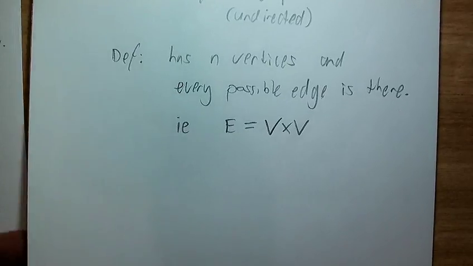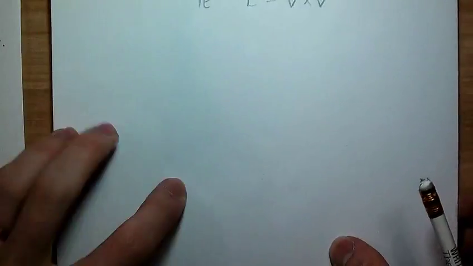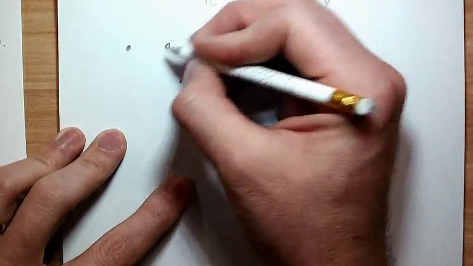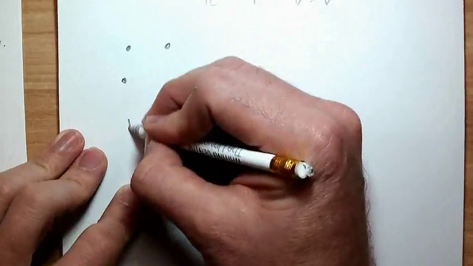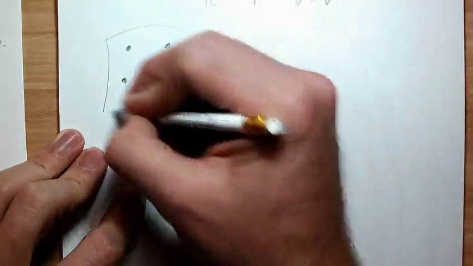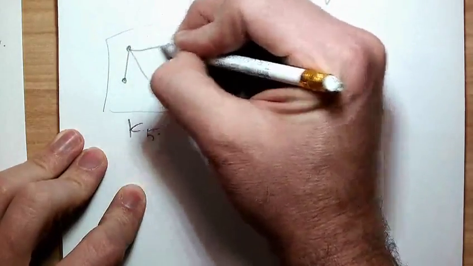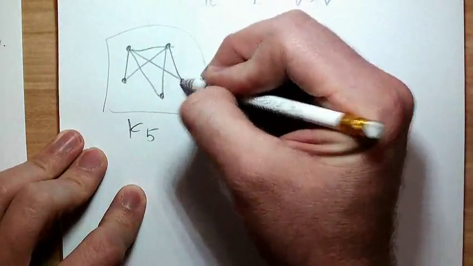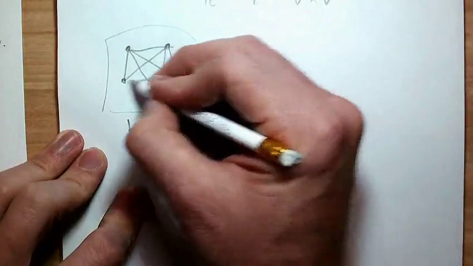And so what you do is you can just do some examples. This would be K5, and this has to be connected to everything. This has to be connected to everything. This has to be connected to everything.